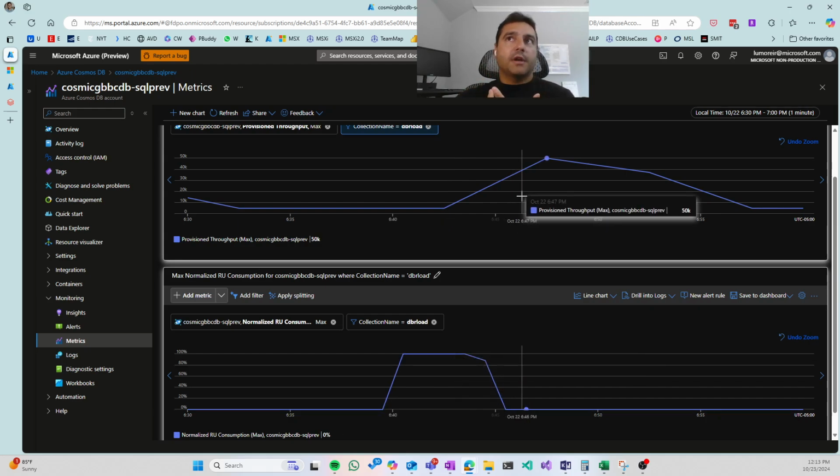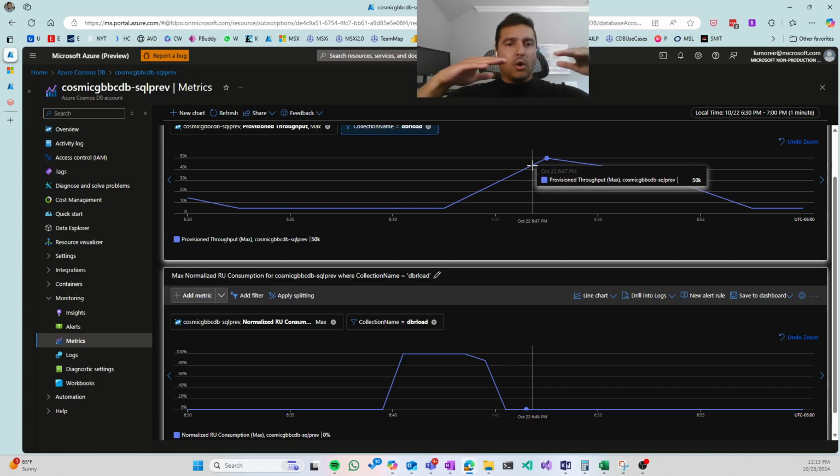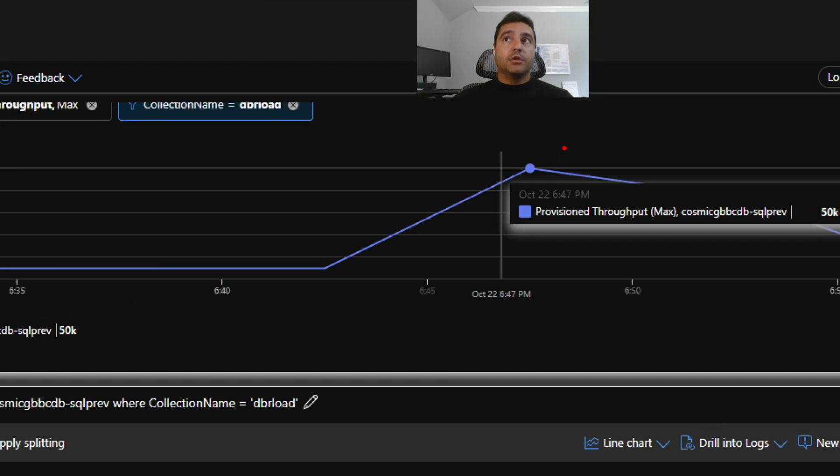But the important factor here is that when you have a workload that keeps running for an extended period of time, you will see an increase in RUs, and then you'll be able to do a closer correlation between those. But for these workloads, what matters to me is that when I look at provisioned throughput, my maximum reaches a total of 50,000 RUs.